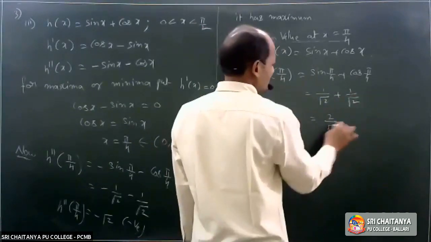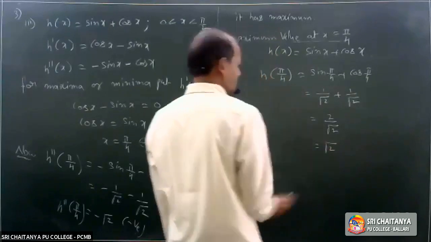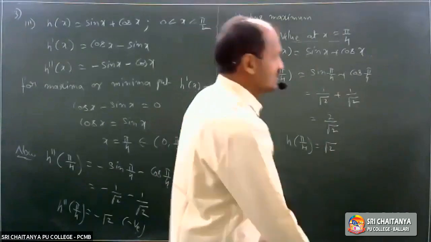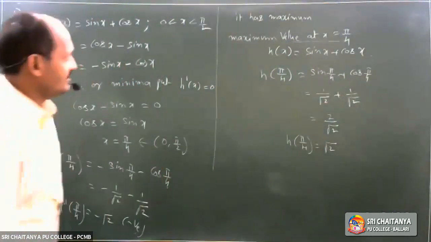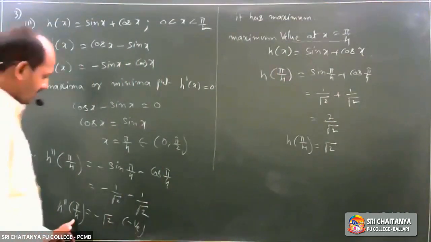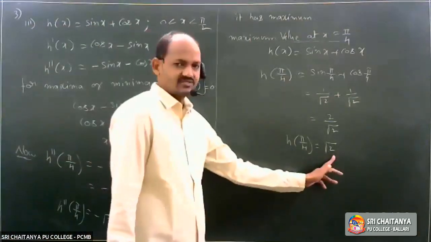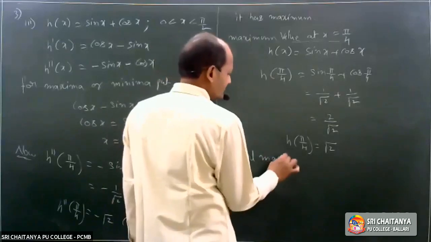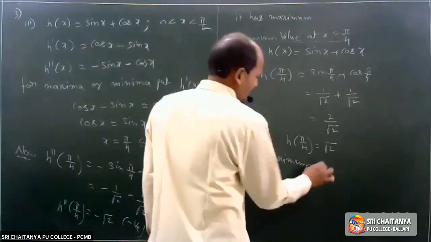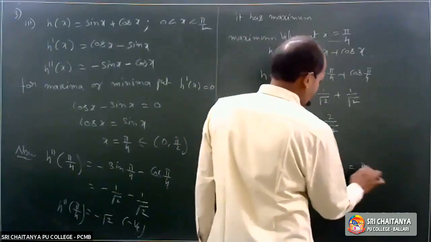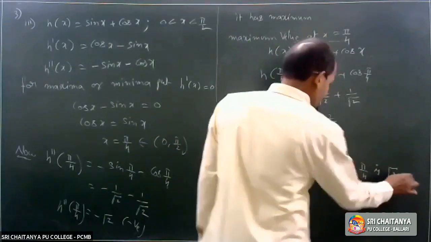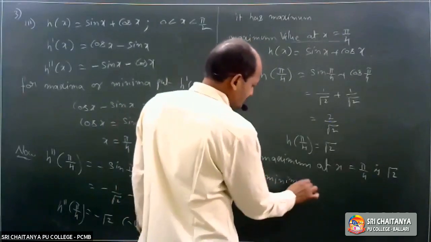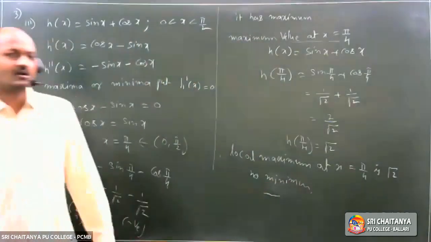It is 2 by root 2, which is root 2. It is h of pi by 4. So this function has maximum value at x equal to pi by 4, which is root 2. Local maximum at x equal to pi by 4 is root 2. No minimum. Okay, no minimum or local minimum.